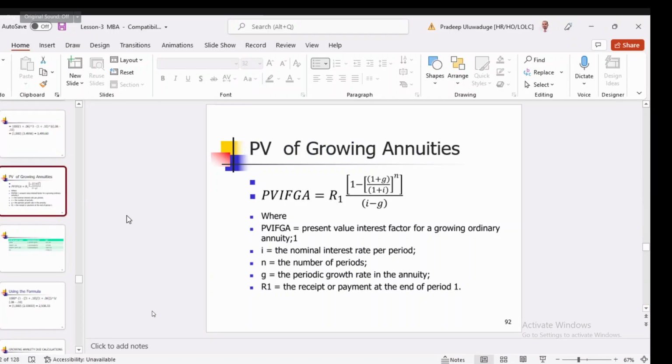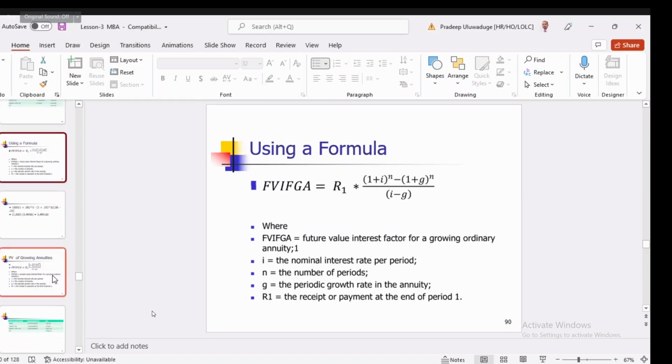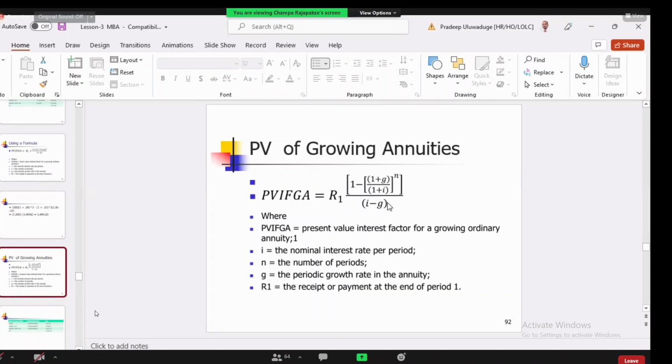Then the present value of growing annuities. We considered the future value of the growing annuity, and this is the present value of growing annuities. You can find the formula as follows. R1 is the first receipt or payment at the end of period 1. That is 1 minus (1 plus g divided by 1 plus I) the whole thing to the power n, divided by I minus g.